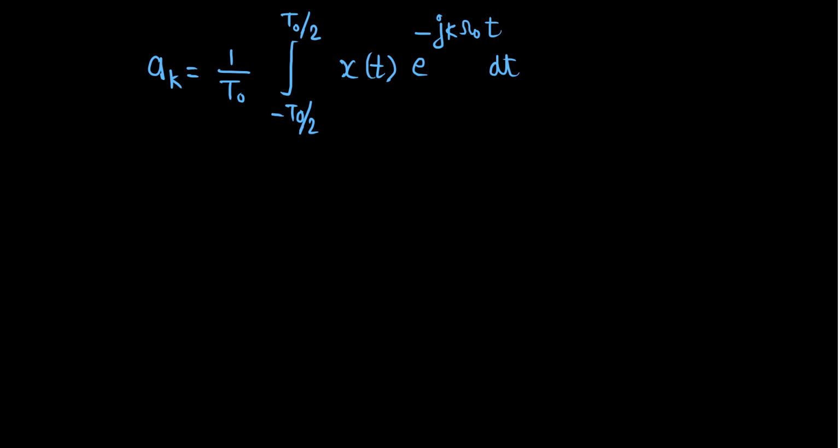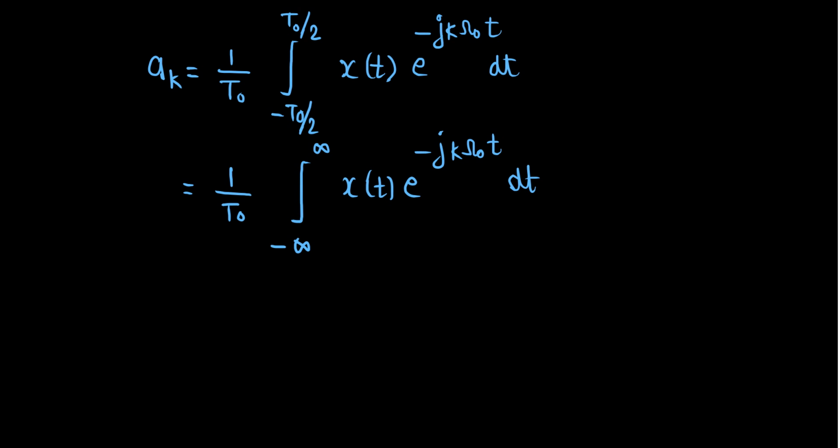I can write this as equal to 1 upon t naught. It's not a problem if I define it as integration from minus infinity to infinity, e power minus jk omega naught t dt. So it's the same thing, because this x of t is defined only over a certain interval and the rest of the time it is 0. I have simply extended the limits of this definite integral.